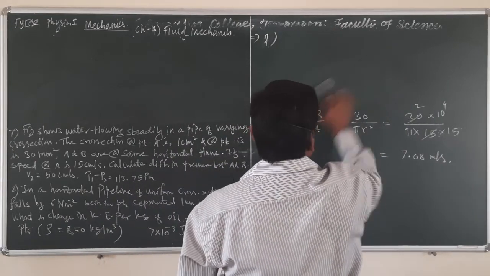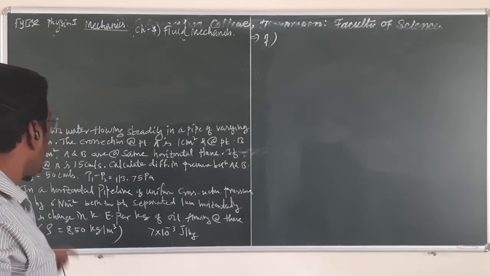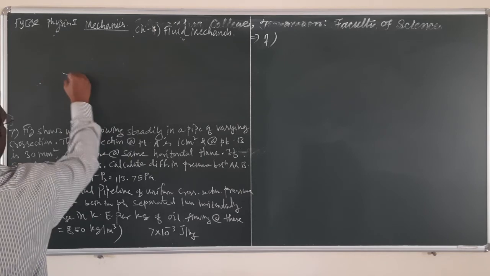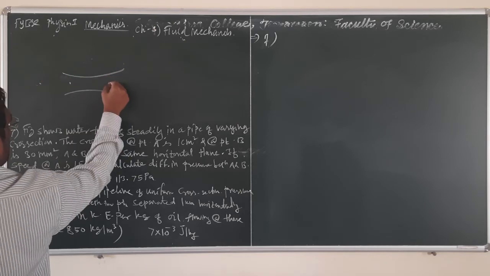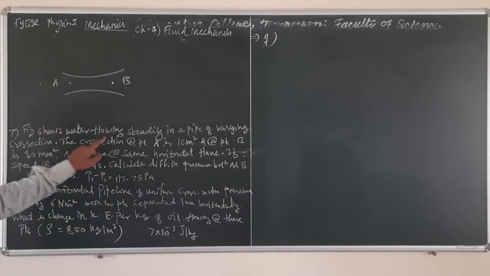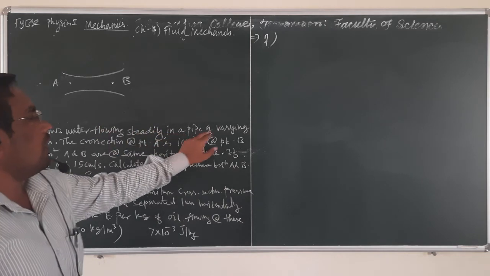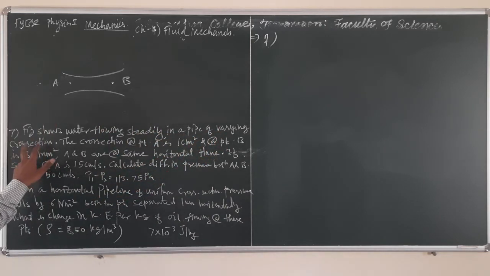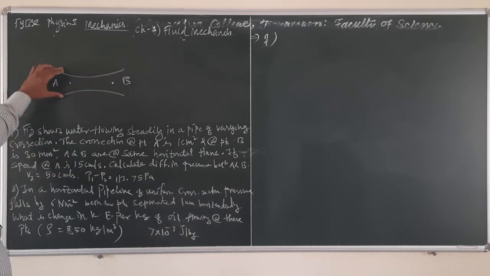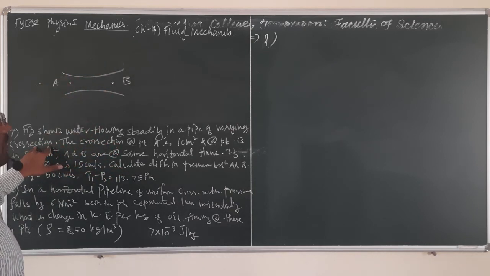The figure shows water flowing steadily, means streamline flow, in a pipe of varying cross section. This is the pipe from which water is flowing, which is having different radius. That's why here the word varying cross section is used.